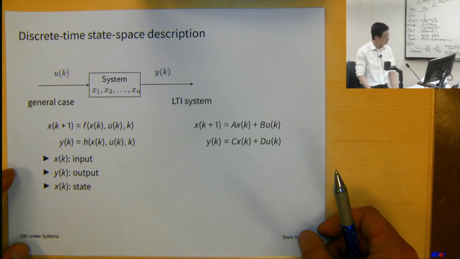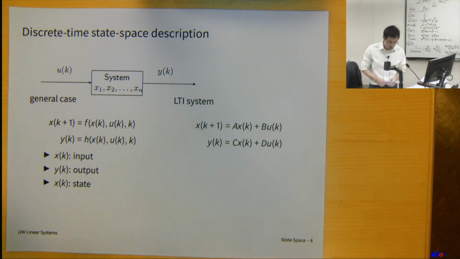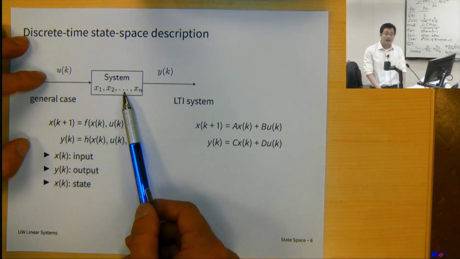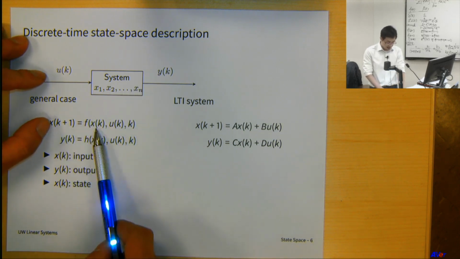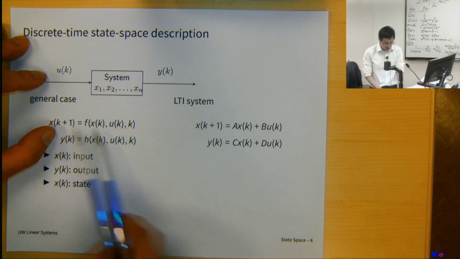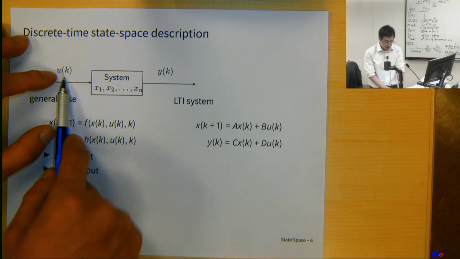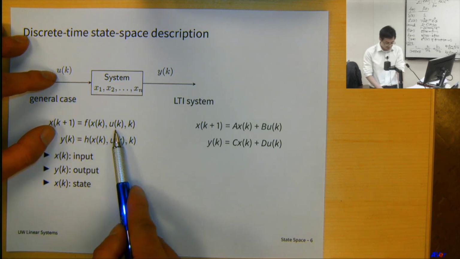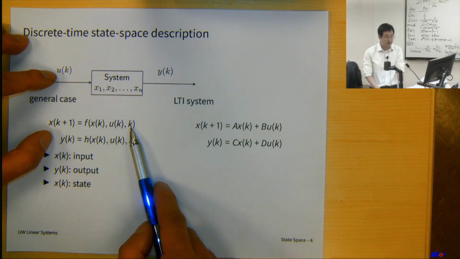We write state space systems in this fashion. If it's a dynamic system, then my current state will depend on my past state, so it depends on how I behaved in the past. It depends also on the input, and it may depend on the time.